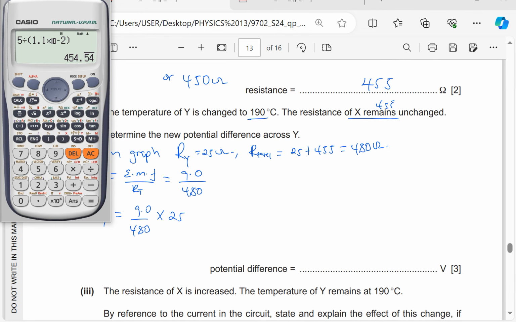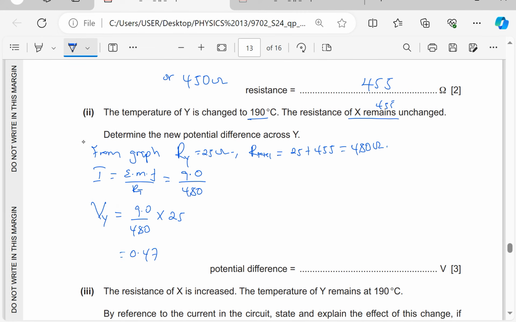So I can check this: 9 divided by 480, then times 25, which is 0.47 volts. Alternatively, you could find the PD across X and then subtract it from 9. But this is a more direct route.